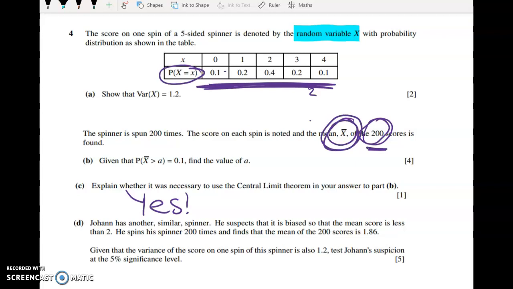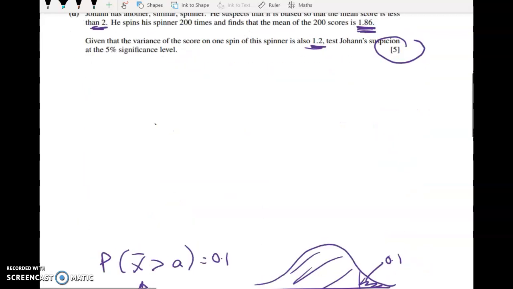Okay, now Johan has another similar spinner and he thinks it's biased so that the mean score is less than 2. So he does his spinner 200 times and he finds that the mean of the 200 scores is 1.86. So given that the variance on one spin of this is also 1.2, test his suspicion. Okay, so we've got to set this up properly.